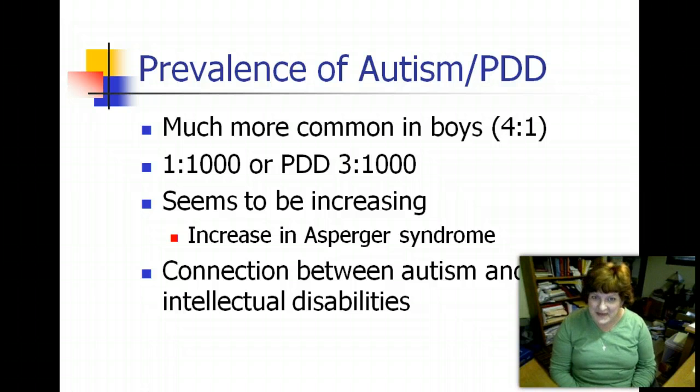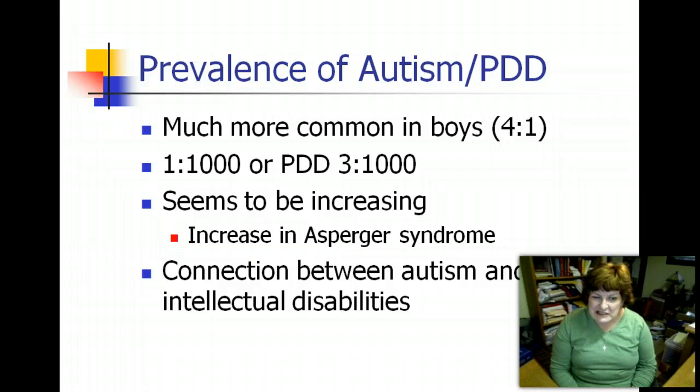The reason for that is pervasive developmental delay is a grouping or classification that we put many of the children in that may have a few of the autism-like behaviors or delays, but don't meet all the diagnostic criteria for that group. So a lot of them are grouped in the pervasive developmental delay category just because of the inability to define the diagnosis, because it's based so individually.